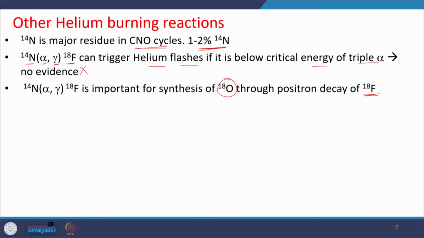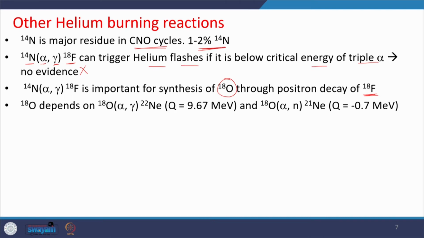F18 is a positron emitter, alright. And the reason we are discussing this nitrogen plus alpha reaction is that the purpose of nuclear astrophysics is also to understand the synthesis of various nuclides, and here I am discussing the synthesis of oxygen 18. Okay.